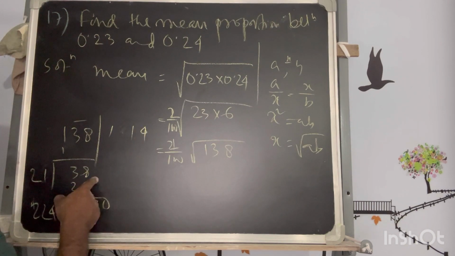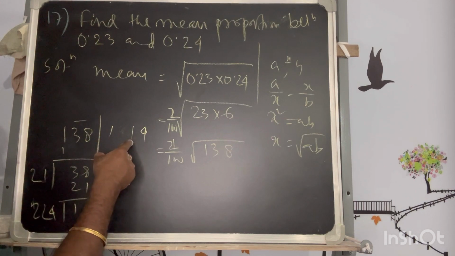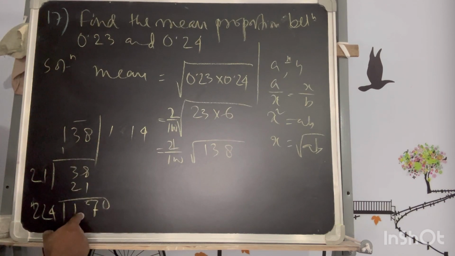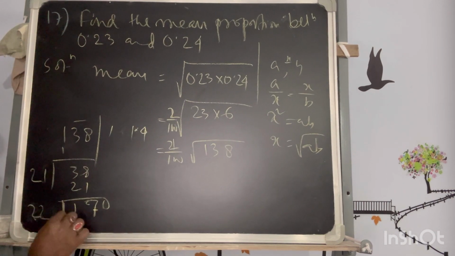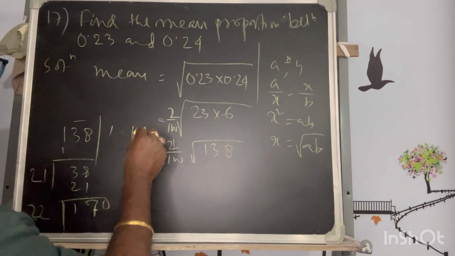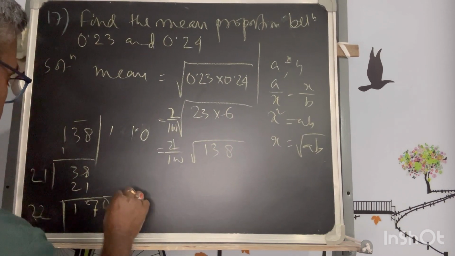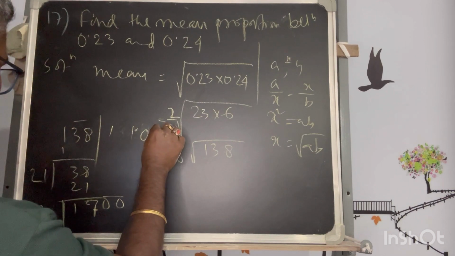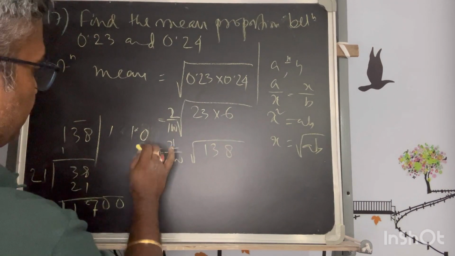This will be 38, 11, then after the decimal the 0 will come, 17, 22, 17, 0, and then another 0 will come, almost 7 and 8 will come.